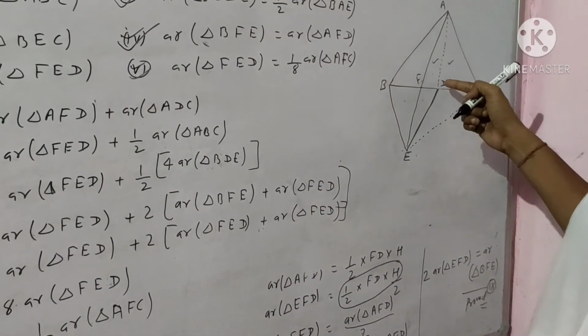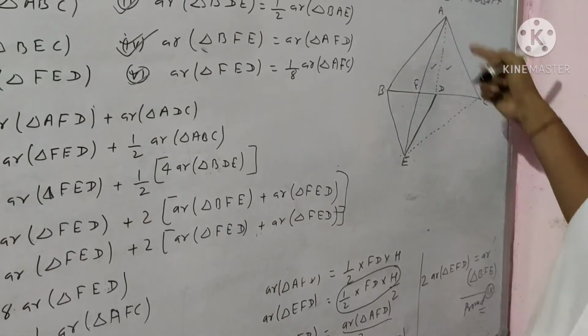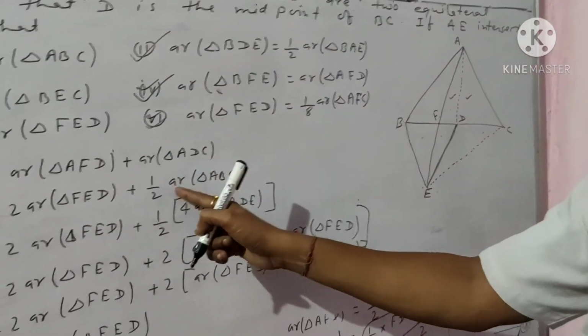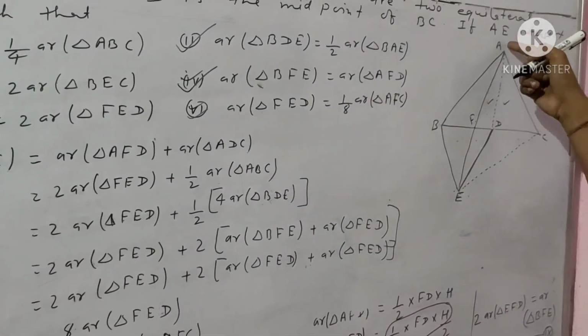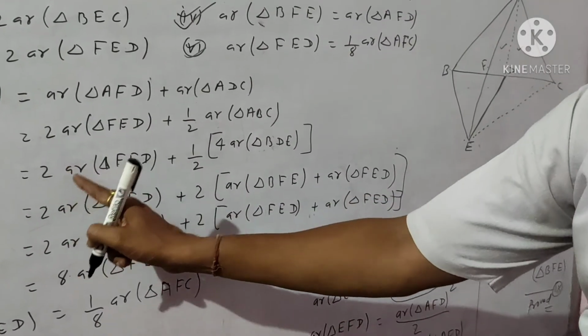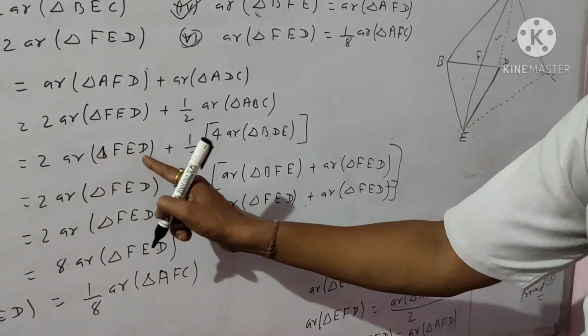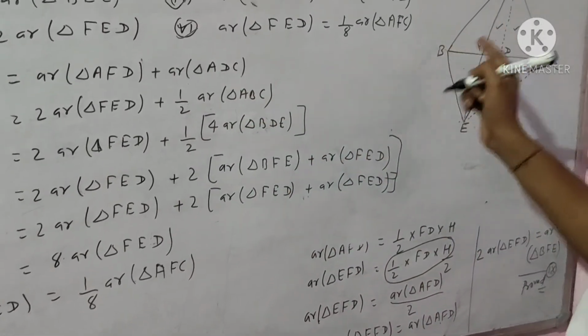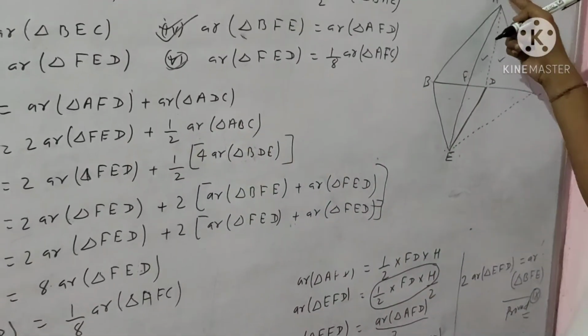AD is the median of ABC. So half of the area of triangle ABC we can write here. So 2 times area of triangle FED plus half area of triangle ABC.